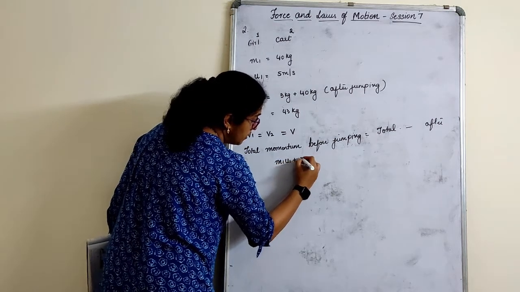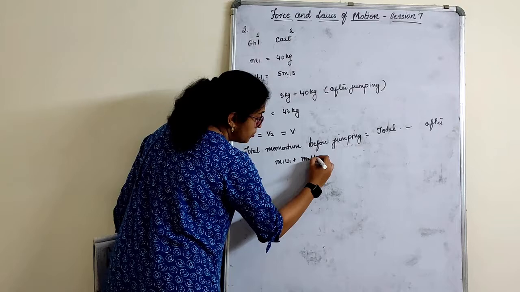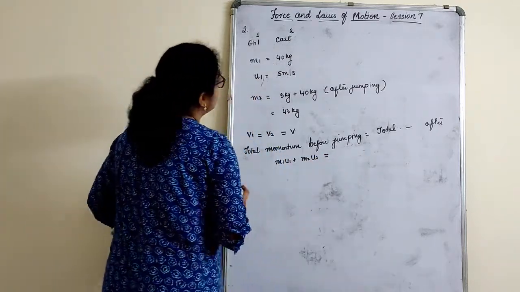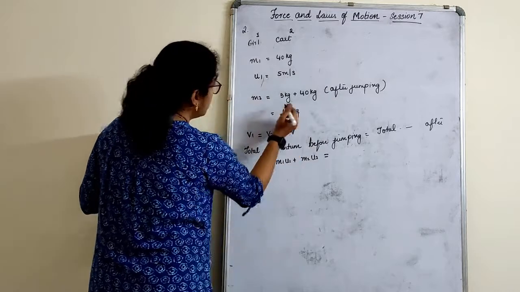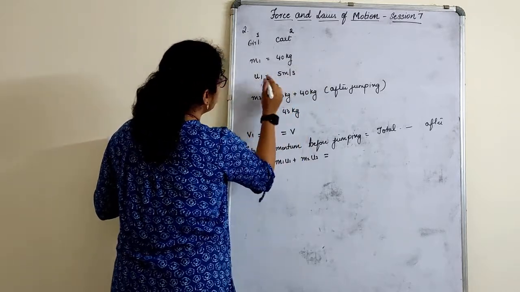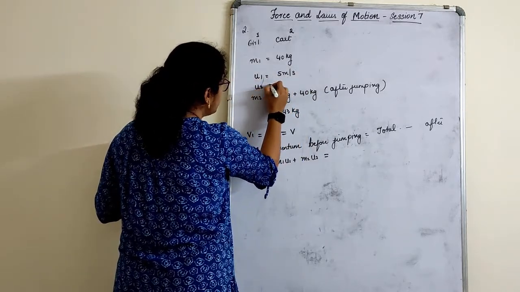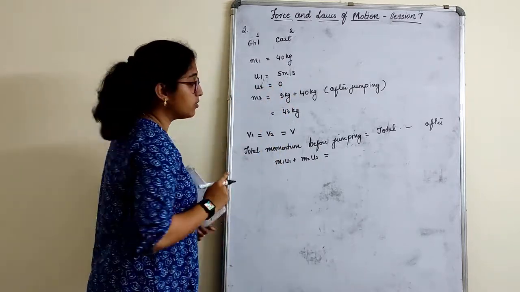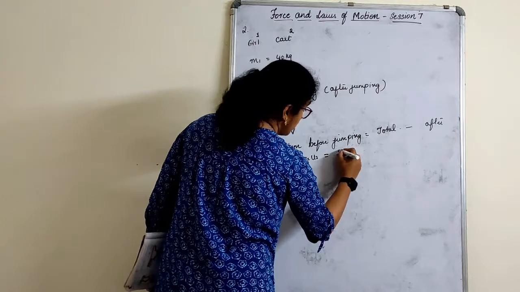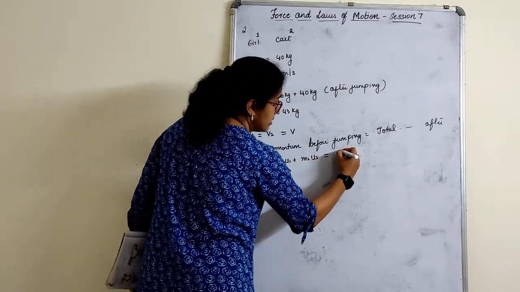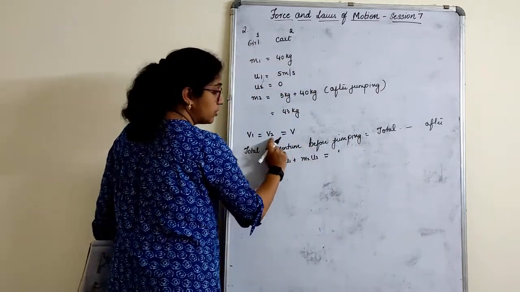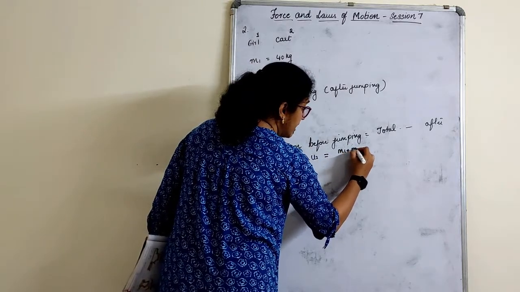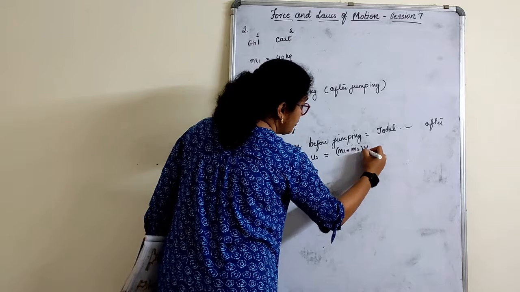M1 U1 plus M2 U2 is equal to, that we forgot to write, the initial momentum of the girl; the initial momentum of the cart is 0. The cart is stationary. That one thing I had to write here. The next is V1 is equal to V2. So directly I can write here M1 plus M2 of V.